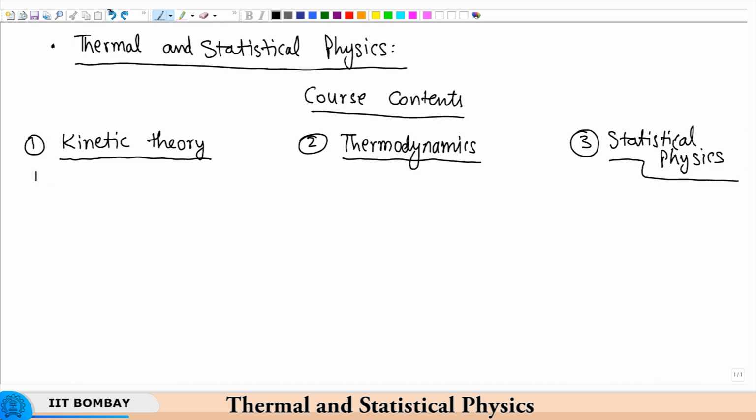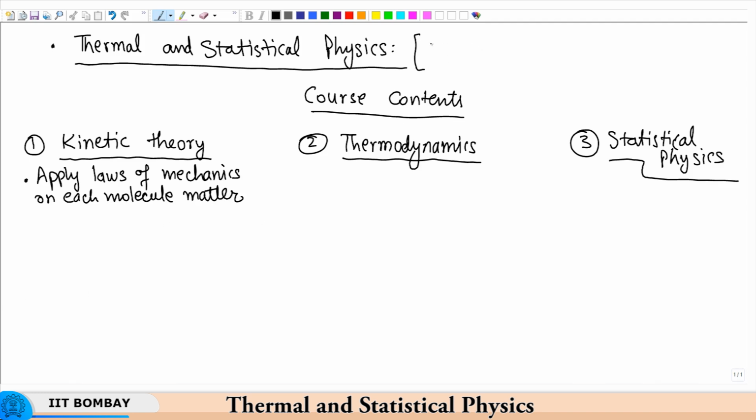So what we will do is apply laws of mechanics on each molecule of matter, to understand physical properties of matter.